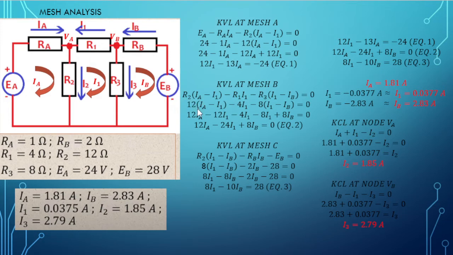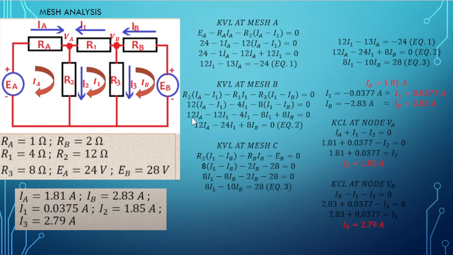R2 is 12 times IA minus I1, then minus R1, which is 4, I1 minus R3 times I1 minus IB equals 0.